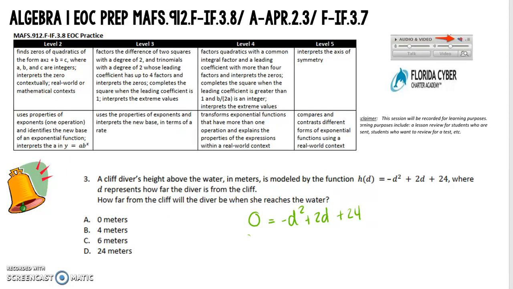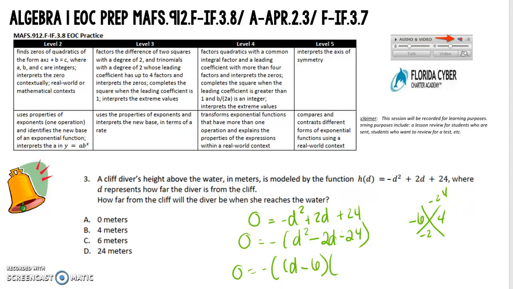We could factor out a negative: negative d squared plus 2d plus 24 becomes negative times d squared minus 2d minus 24. Then we need what multiplies to negative 24 and adds to negative 2, which is negative 6 and 4.